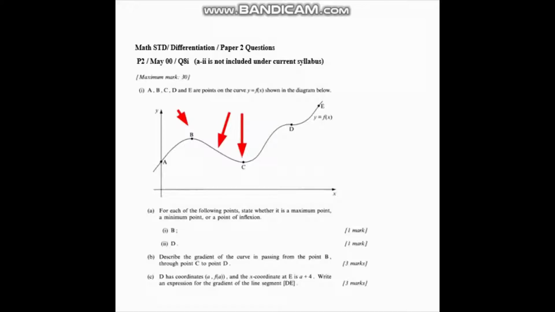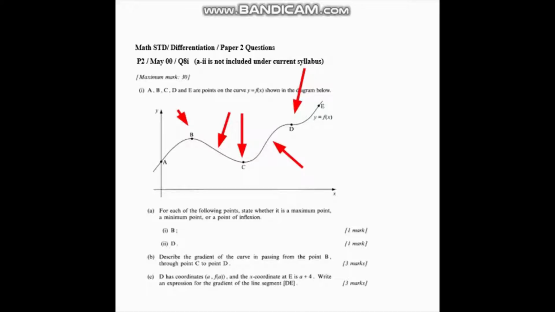At C, we have another turning point, hence the gradient is also 0. Next, from C to D, since the function is increasing, the gradient is positive. At D, this is what we call an inflection point, and the gradient is also 0.